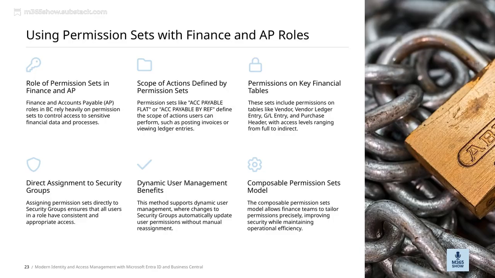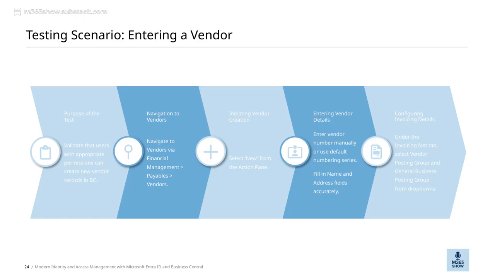They're essential for controlling access to sensitive financial data and processes, ensuring both security and efficiency. Overall, this model gives us a flexible, scalable way to manage permissions that aligns perfectly with our goals of security, compliance, and operational agility.